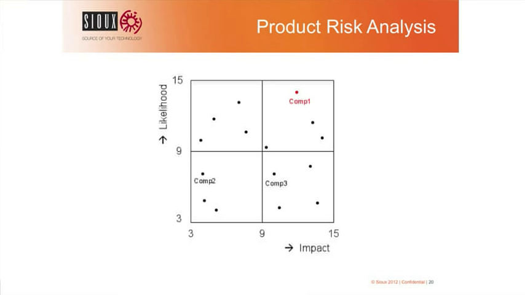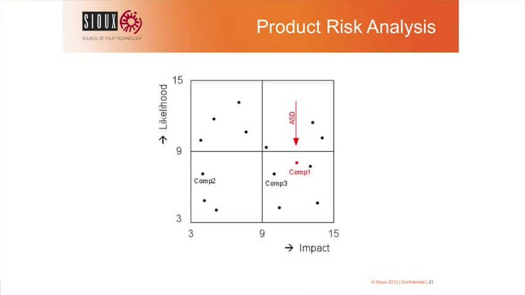The likelihood, on the other hand, that will change. It will decrease dramatically, because you're making fewer programming errors, you're having fewer reliability issues. So the likelihood of this component will decrease drastically, so far that it gets into another quadrant.